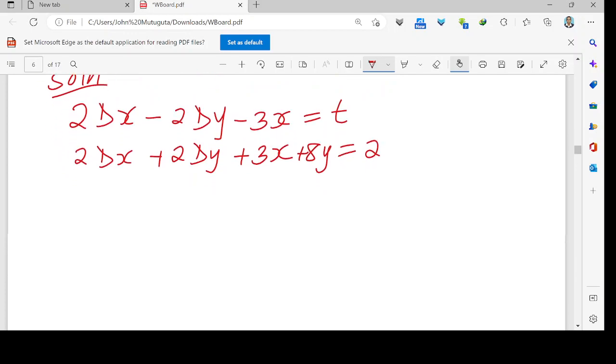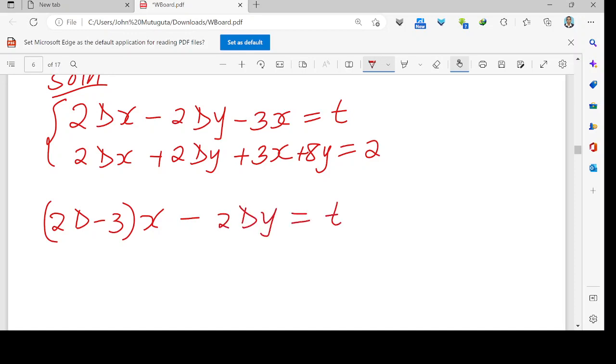And we note now this is how the system will look. You note that in this first equation, we have x here and x here, so that means that we can factor out x in these two terms. And we write 2d minus 3 operating on x, minus 2 dy is equal to t.